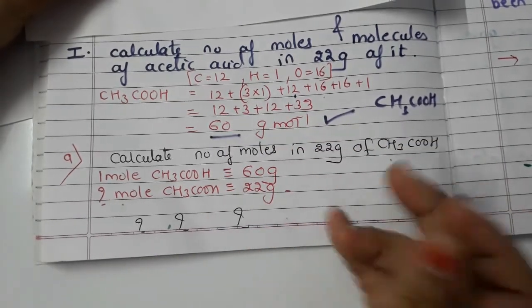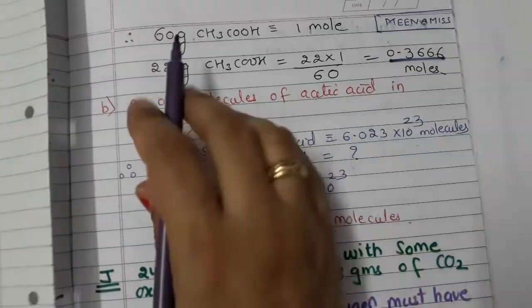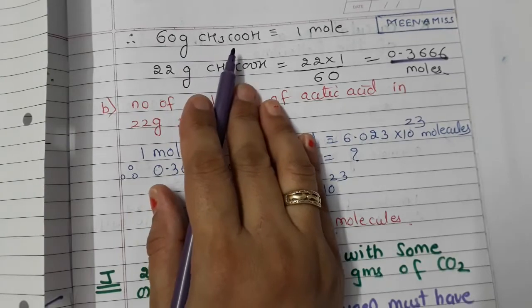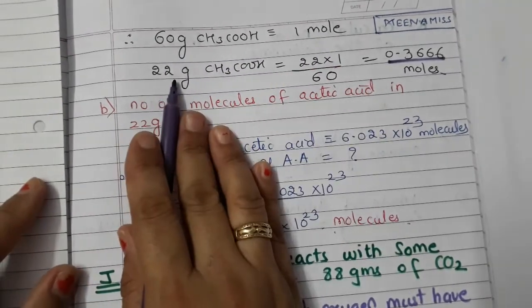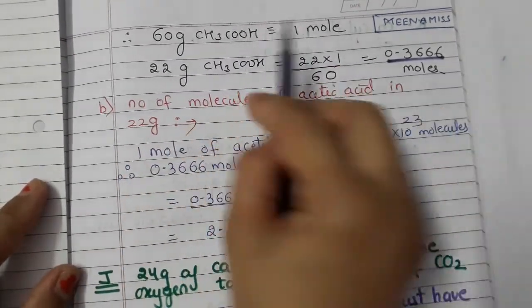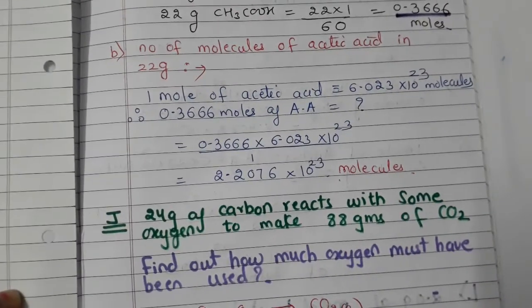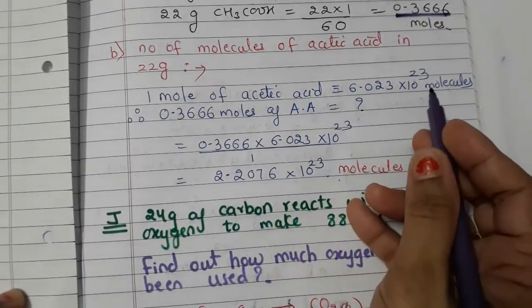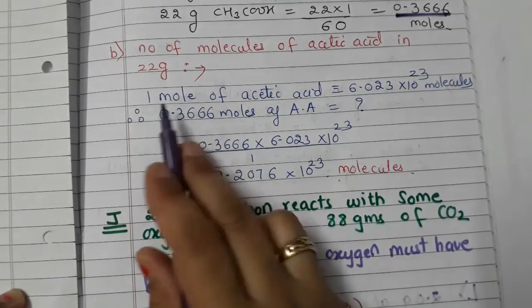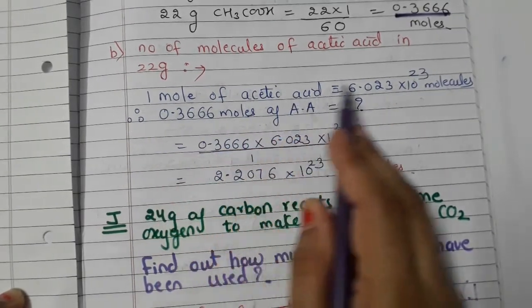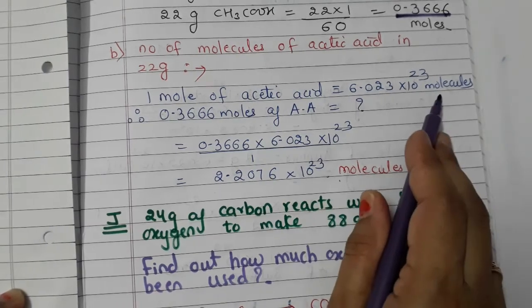Then I have calculated number of moles. 60 gram of acetic acid is 1 mole, so 22 grams will be how many moles? We calculated that these many moles are there. And as I was discussing, how will you calculate molecules? Molecules can be calculated from moles also. 1 mole of acetic acid has these many molecules.